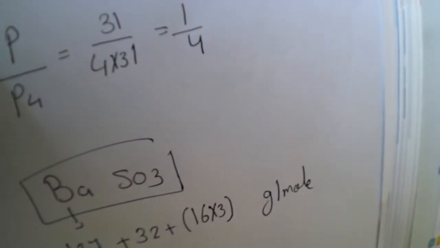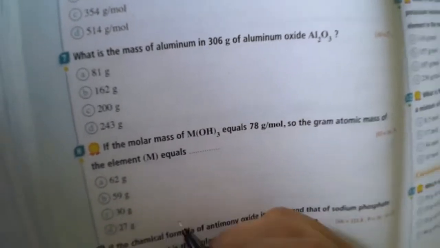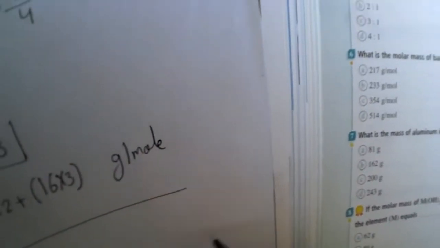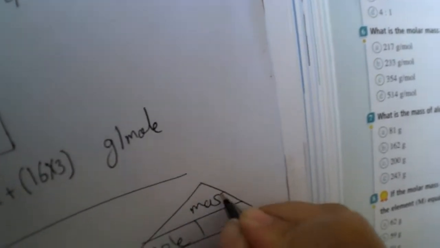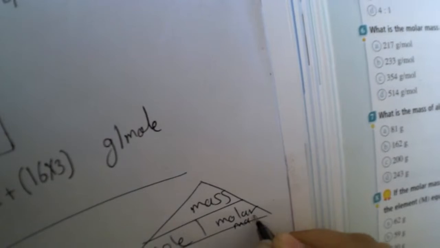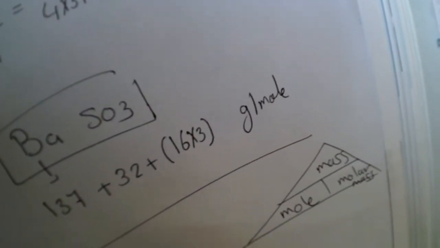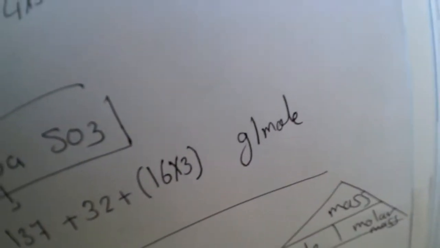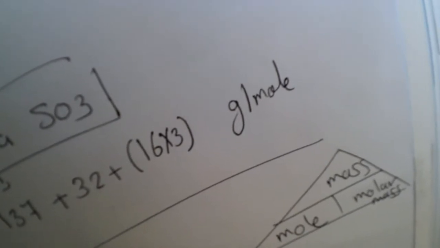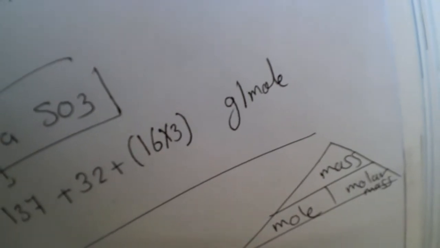What is the mass of aluminium in 306 grams of aluminium oxide? We know that the number of moles equals the mass divided by the molar mass. So the number of moles equals 306 divided by the molar mass of the aluminium oxide, which is 2 times 27 plus 3 times 16, and it's gonna be 3.